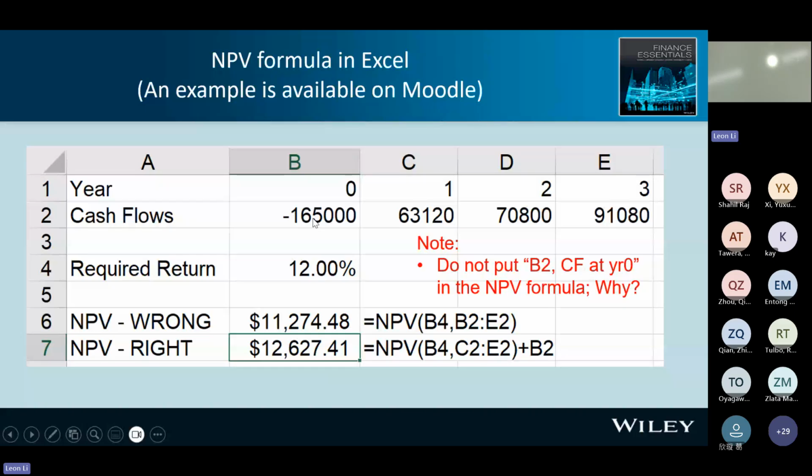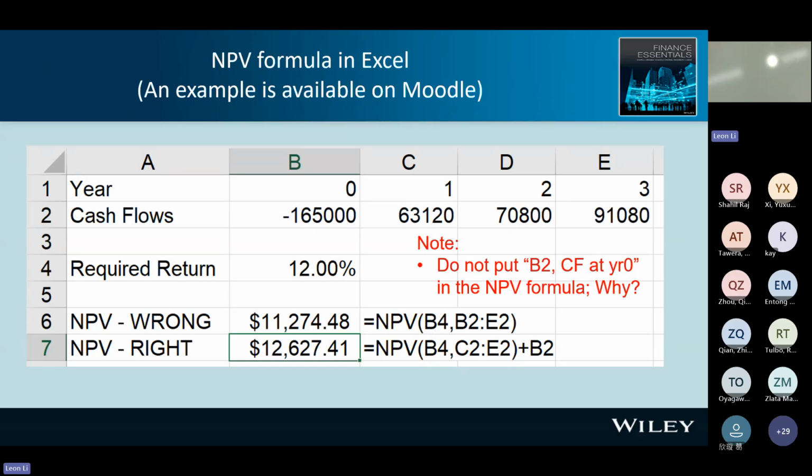So this is our example, a 3-year project, cash flows 1, 2, 3. The initial cost is here. The required return or cost of capital is 12%. Then we have the NPV result. I show you two results, NPV wrong and NPV right. I have a note here. When you use NPV, the first variable is our required return, B4.